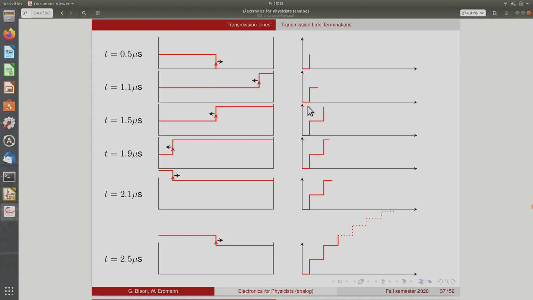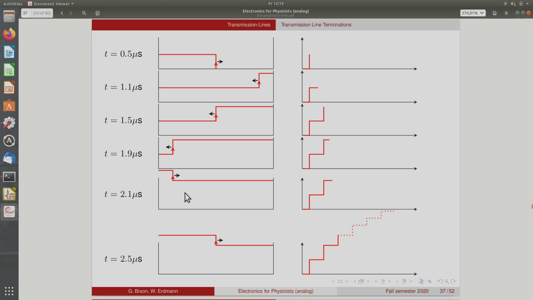Okay, and when it reaches the point in the middle, then we see the second step here of the same height there. Now, eventually, after almost 2 microseconds, it'll reach the incoming point, and here we have a reflection again with a positive sign, but the reflection coefficient is not 1; it's only 0.8. So now the height of the step is reduced from 1 to 0.8.